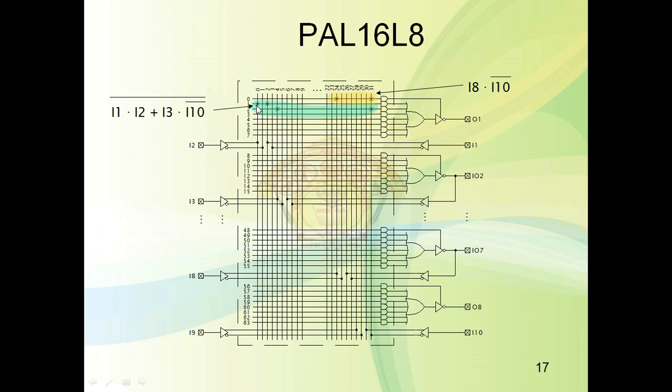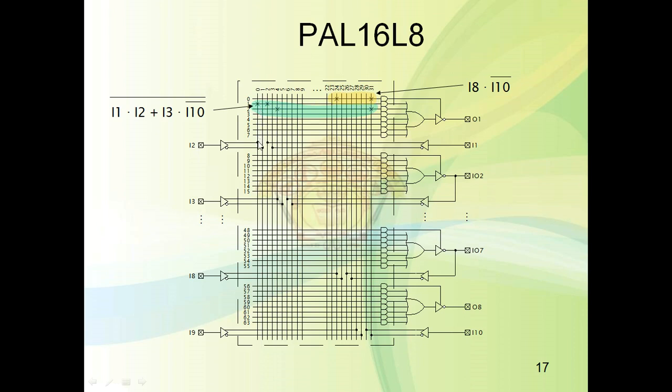So here the interconnection is present on this horizontal line. How many are the interconnections? Only 1 and 2 are the interconnections, and they are the product term, the product of this and this. What is this?